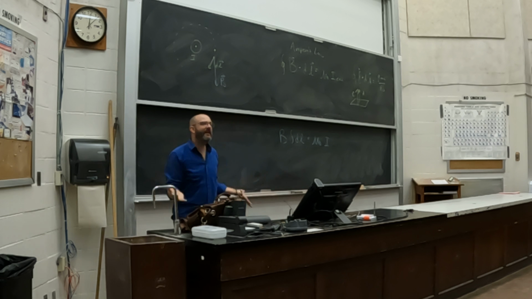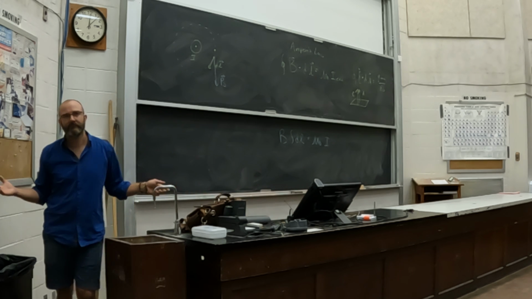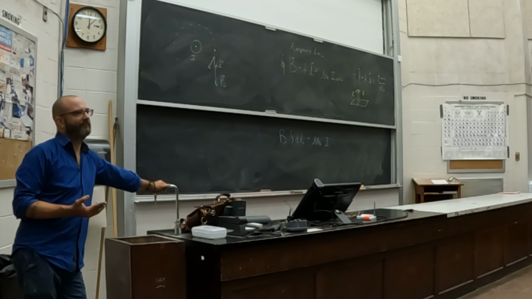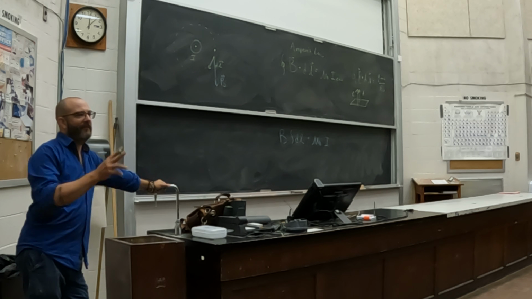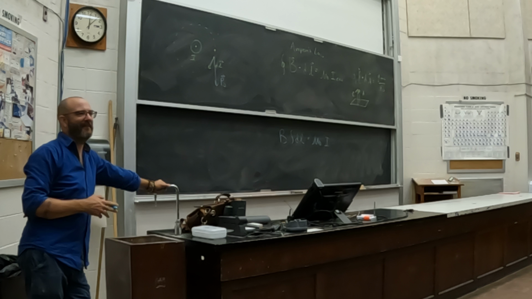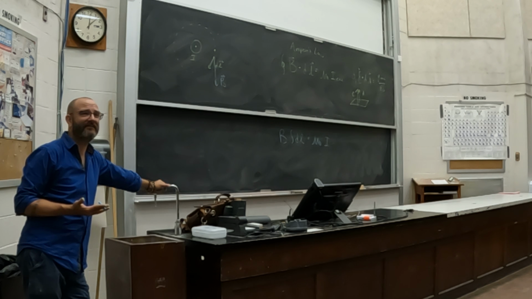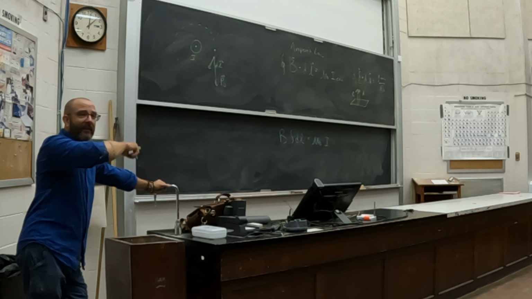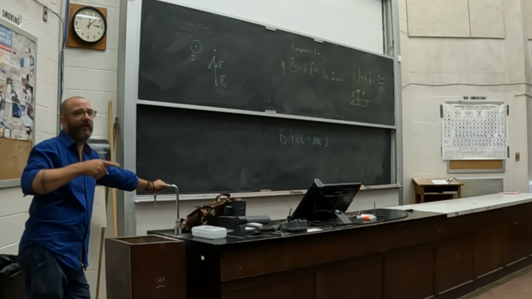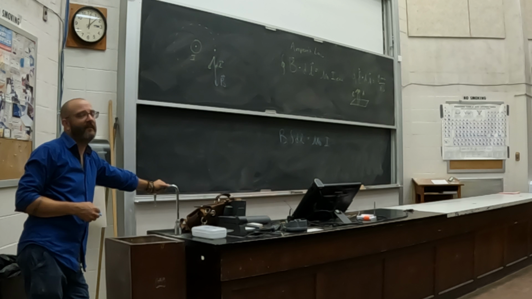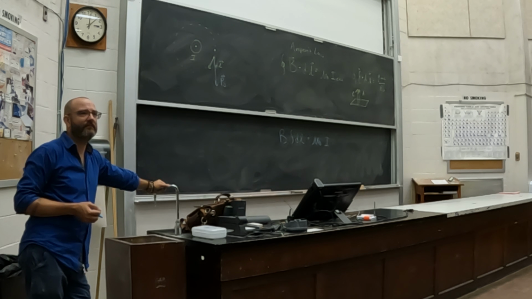Now, integral of dL is what? Yes, but that's my next step. Integral of dL is just L, right? Easiest integral you're going to do. What is the length of that circle? Or I should say, what is the length of that dashed line? 2 pi r, right?